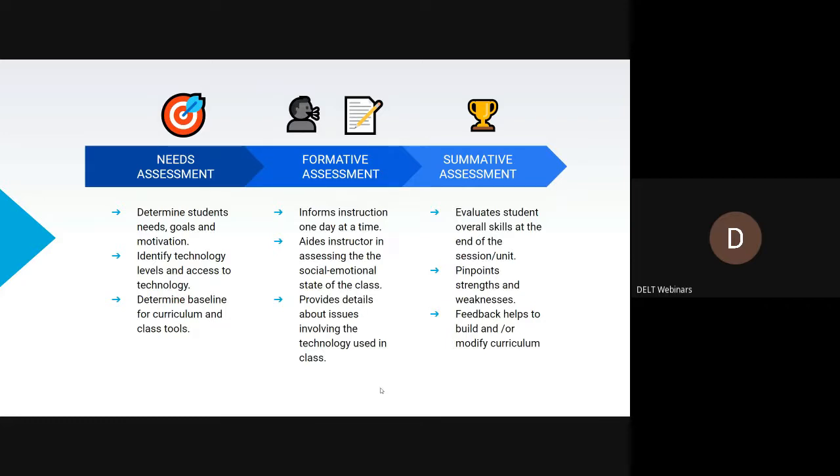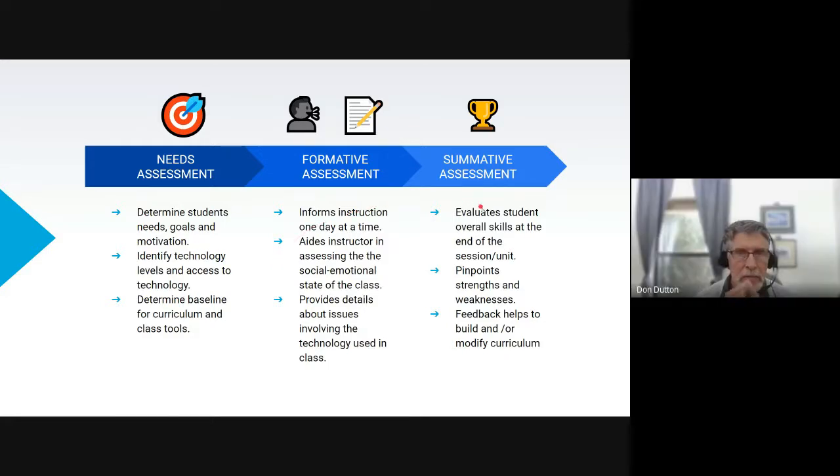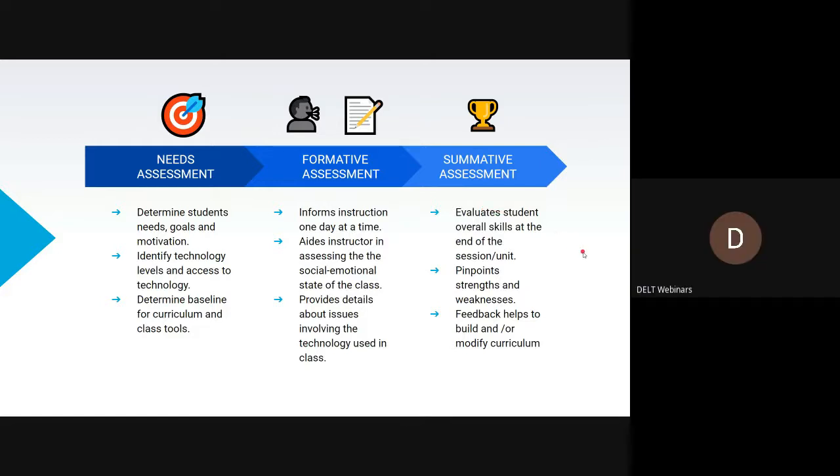So the question is, and this is what we're going to talk about first, do you use needs assessment? Do you use it? How do you use it? Then we're going to talk about different ways of using formative assessment. And then we're going to talk about some examples of summative assessment. So take a minute. You can read what is written there. And then we will move forward to show you some examples.